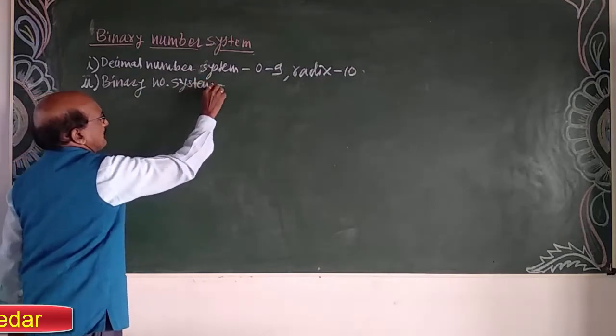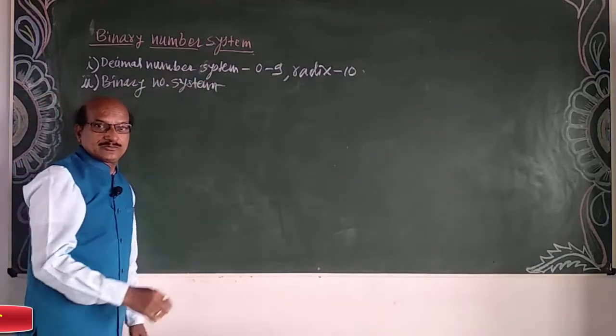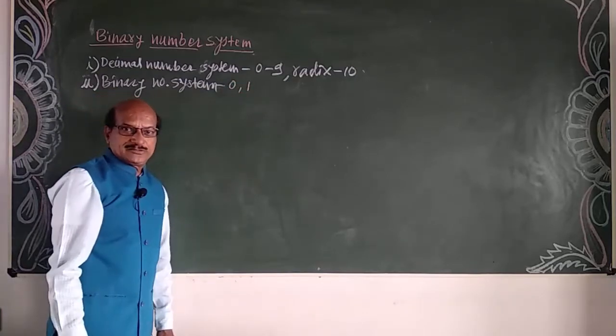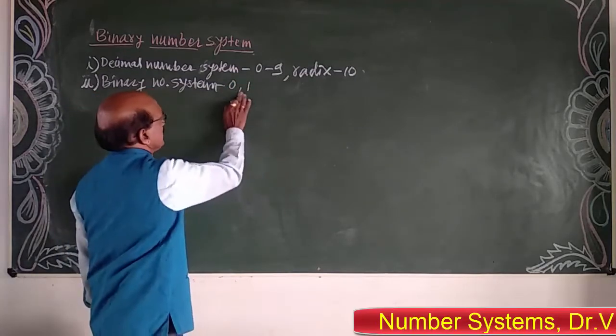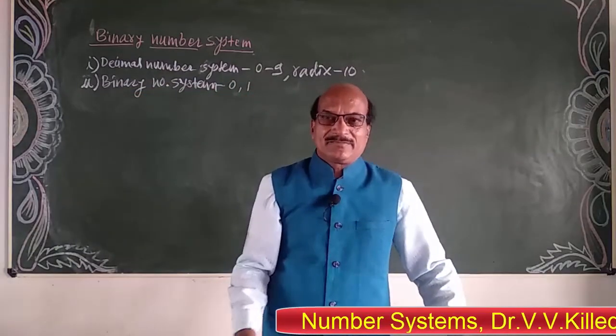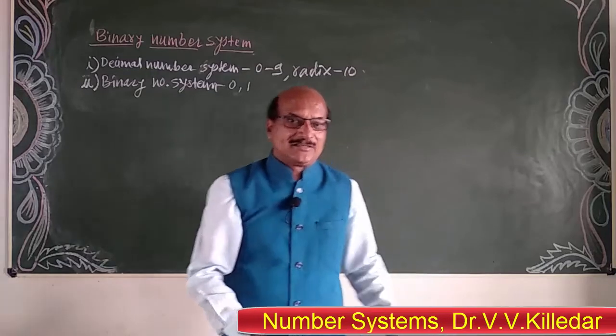In this system, we are using only two symbols, that is 0 and 1. We will see more details of the binary number system later on in this discussion.